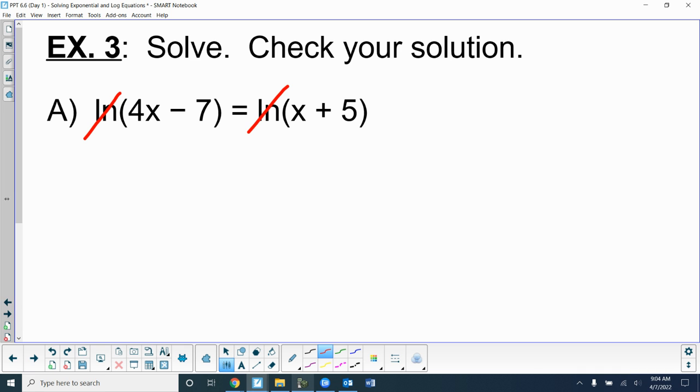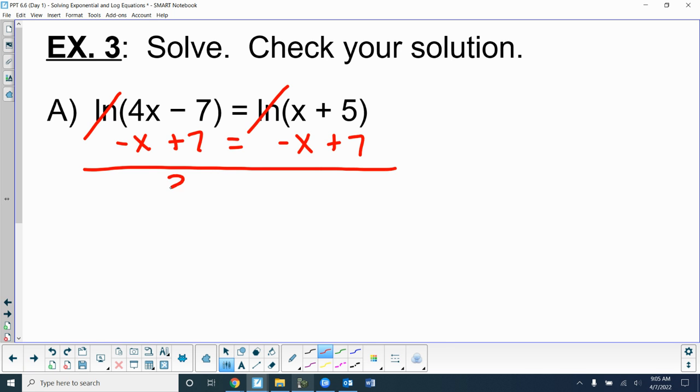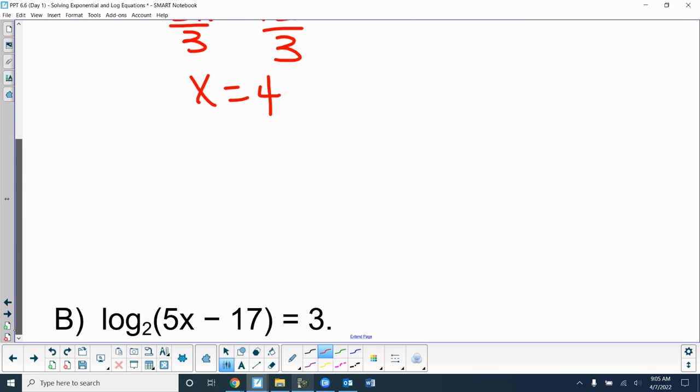So I'm going to subtract x to get the x's together. I'm going to add 7 to get the constants together. So I get 3x equals 12. And then x would be 4. Okay? So those are real easy. When you just have natural log or log base 2, whatever they are, just drop them.